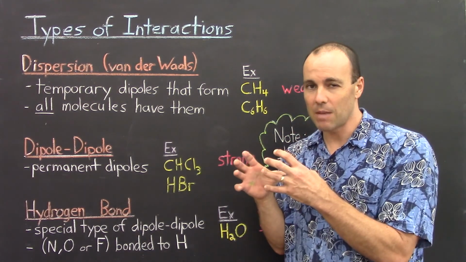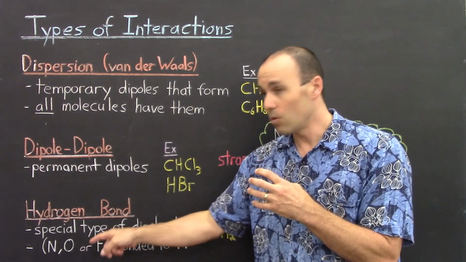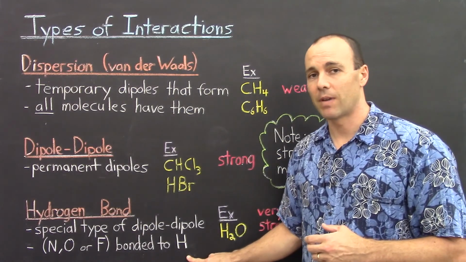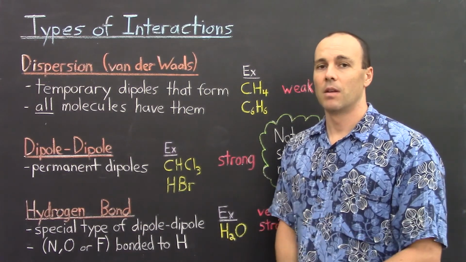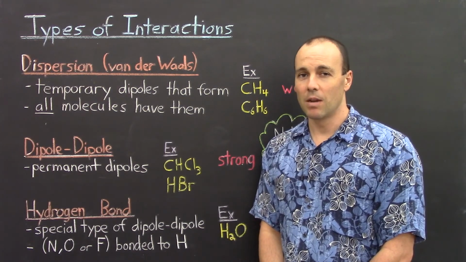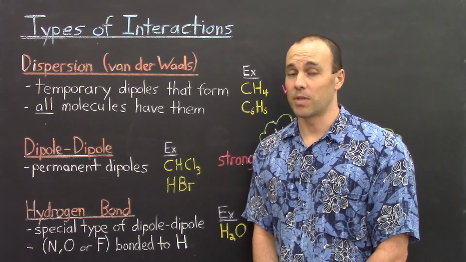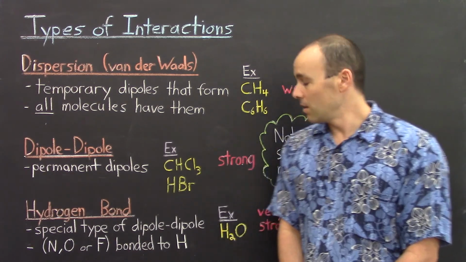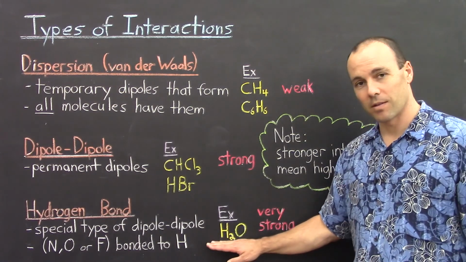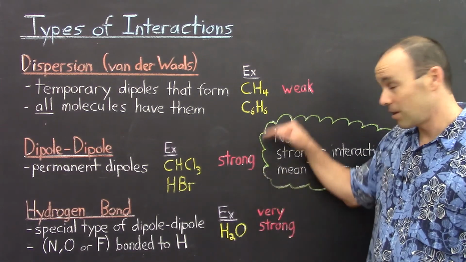So there has to be a dipole already, and there has to be N, O, or F directly bonded to an H. Then you can have hydrogen bonding occur. So the molecules that exhibit hydrogen bonding are a subset of those molecules that exhibit dipole-dipole interactions. An example of a substance exhibiting hydrogen bonding is water. And these are very strong interactions, stronger than the other two types.